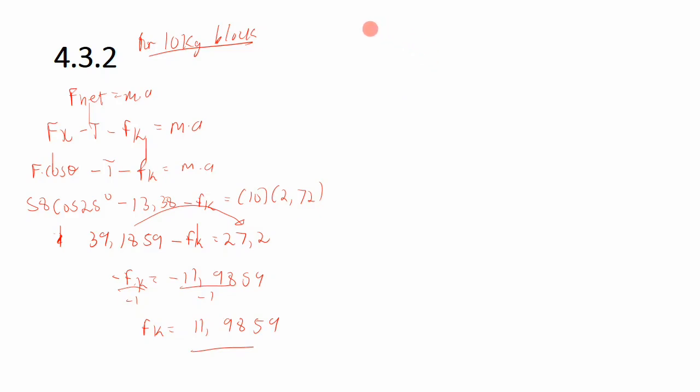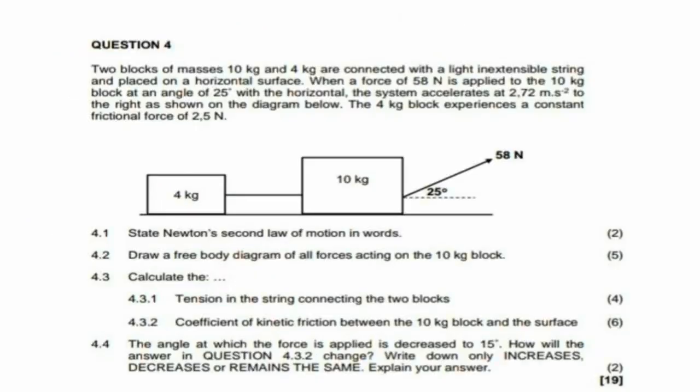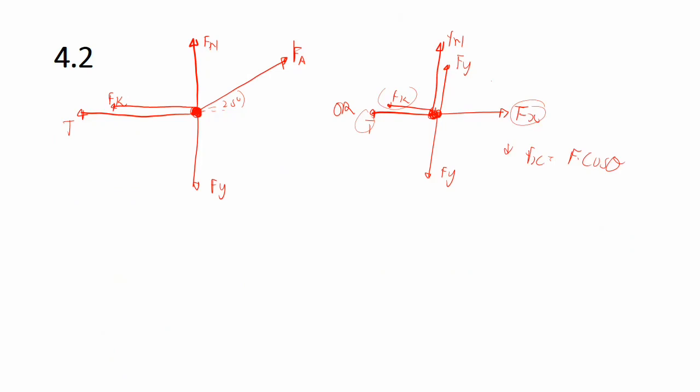But you will remember that we are not looking for Fk, we are looking for the coefficient of kinetic friction, which is mu k. Now Fk can be broken down to mu k multiplied by the normal force, right? Now consulting our free body diagram, we can see that Fn plus Fy is equal to Fg.